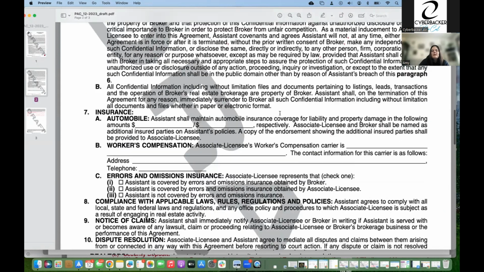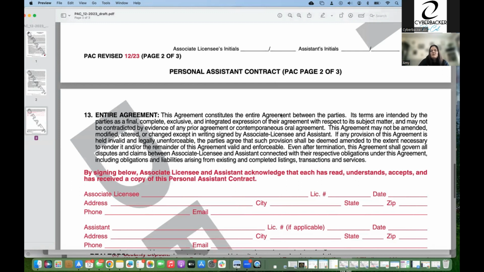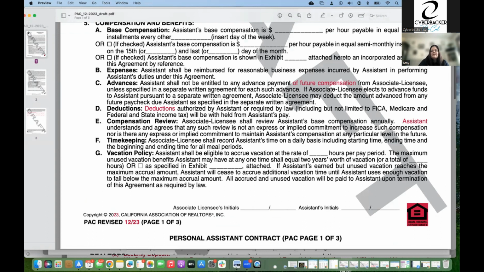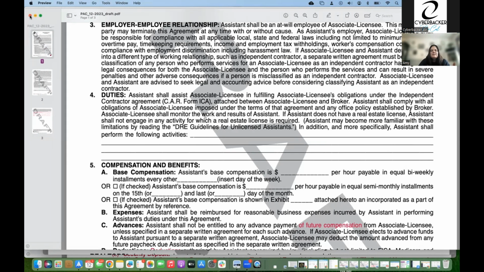Woohoo! Magic, right? So just know that's in here. You can utilize that. There were a couple minor changes, right? Payment of future compensation, deductions authorized by assistant, assistant understands. So just know there's a few minor changes to that form, but it does exist. If you do have an assistant, it's good to enter into a contractual relationship with any assistant that you might have as part of your real estate business.